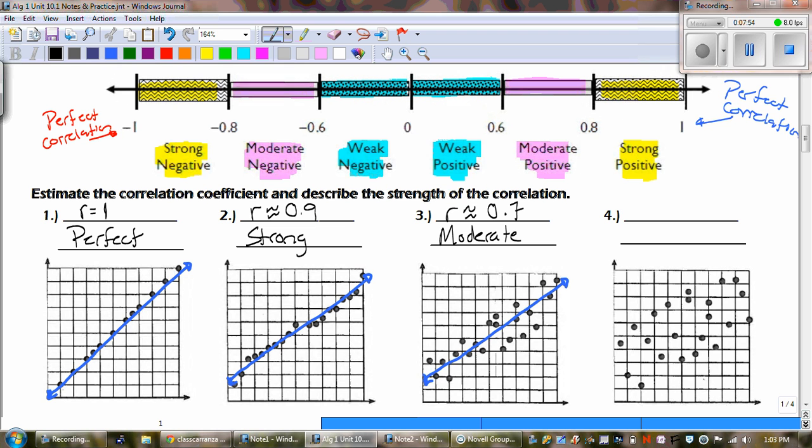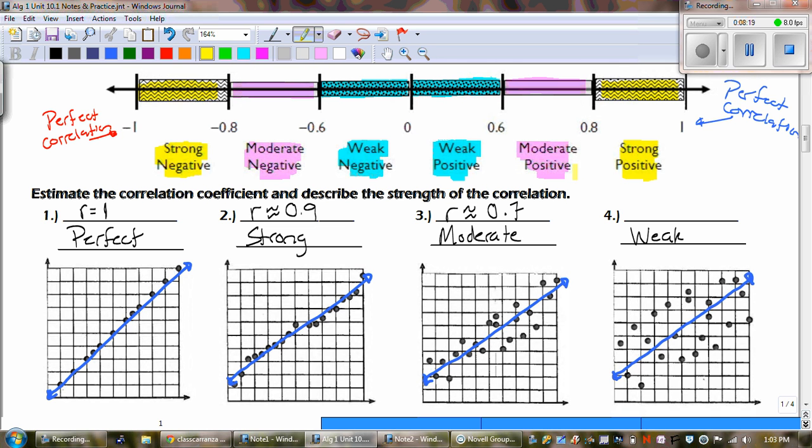And then the last example that we're doing on this page is 4. So I'm going to try to draw a line. We can see the general trend that everything's going up. Now, the points are getting farther and farther apart. Okay, there is a correlation to this, but guys, it's a very weak correlation.